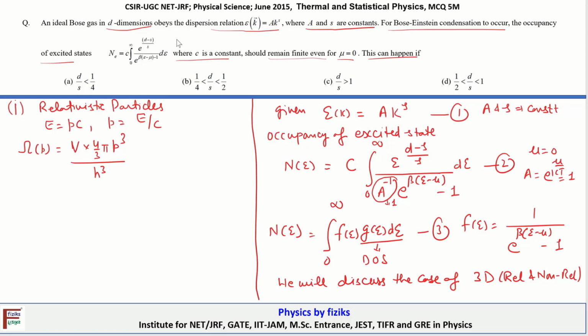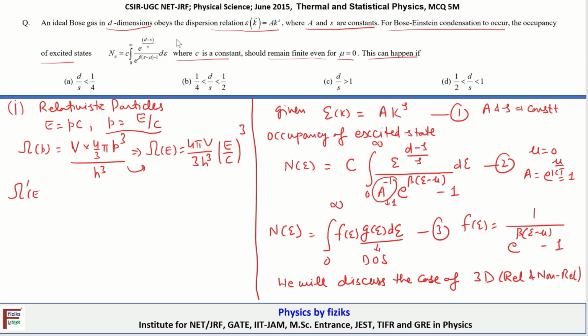This implies that this expression in terms of energy reduces to omega(E) equal to 4 pi V upon 3h cube times (E by C) cube. We have derived this result directly by simply making the transformation P equal to E by C. Now omega dash E gives the density of states in the energy range E to E plus dE.